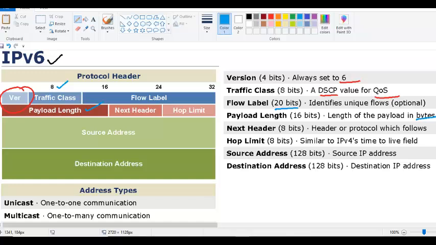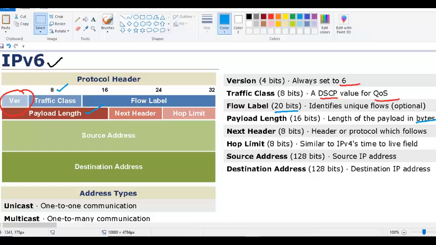It'll mention. We were talking about the next header. The next header will talk about the next layer or the protocol.